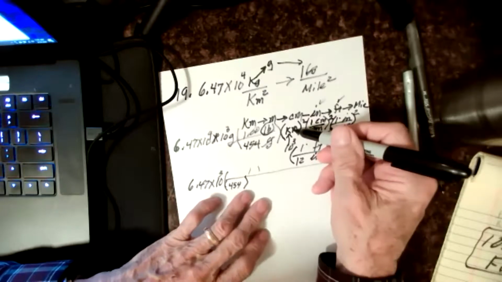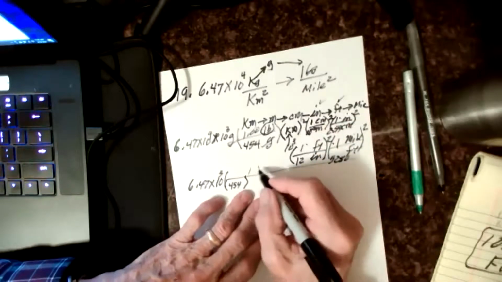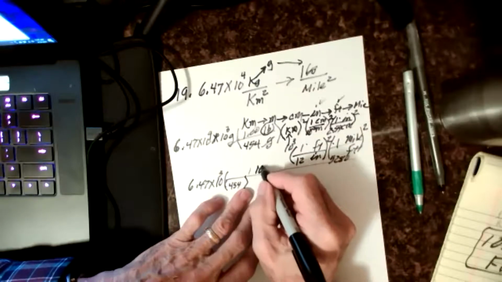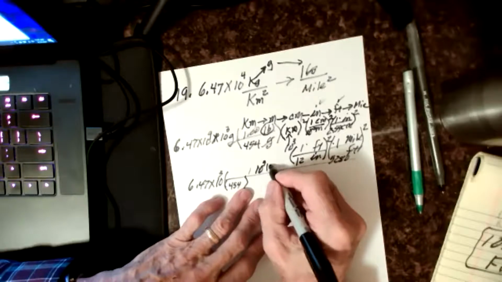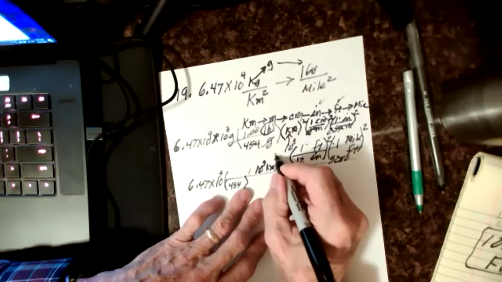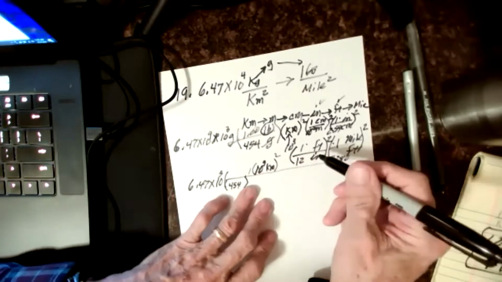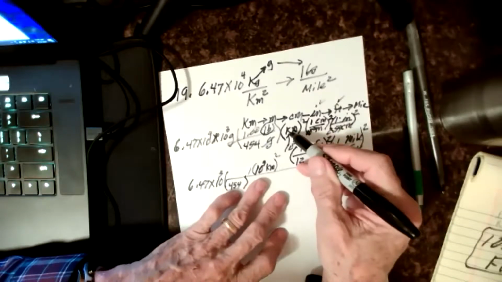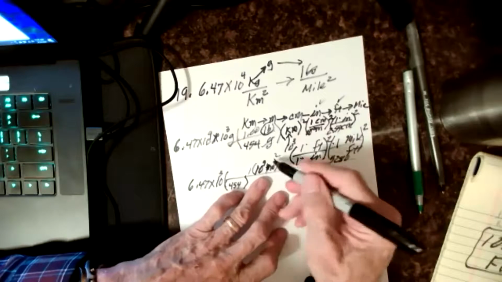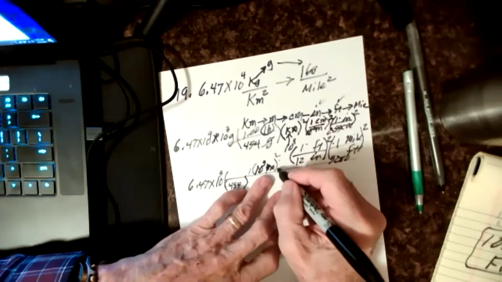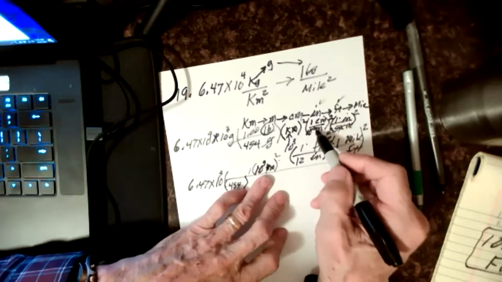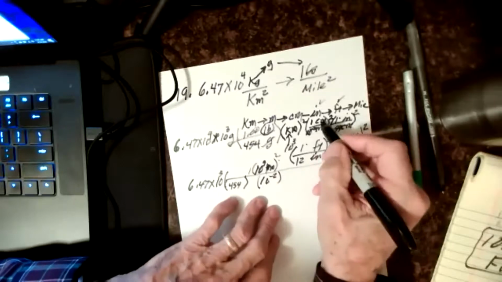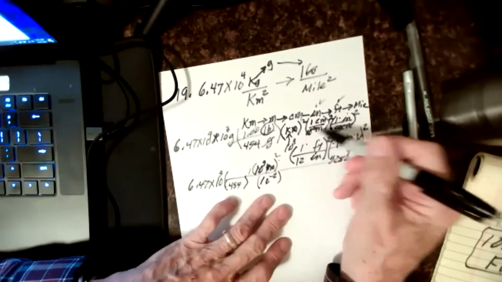Now I had kilometers squared, so I did have something to go up here, didn't I? I had a 10 to the 3rd kilometers, and that's squared. And now I replaced that. No, that's not it. It's just meters now. And then I'm going from meters to centimeters. So I got a 10 to the minus 2 centimeters down here.